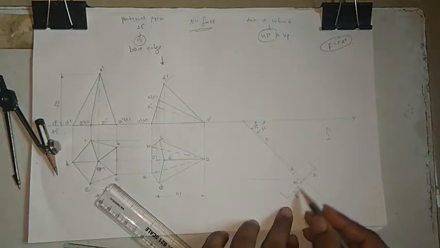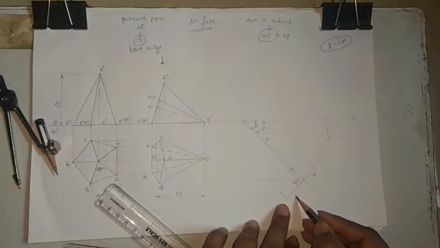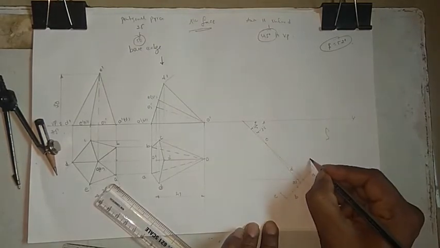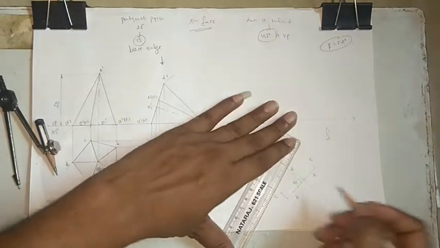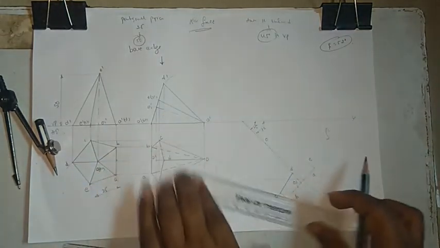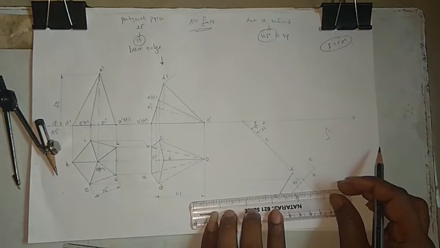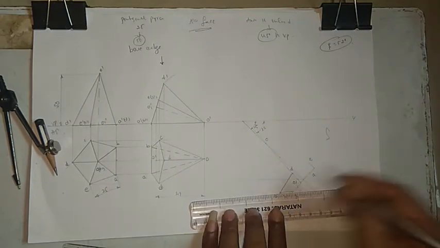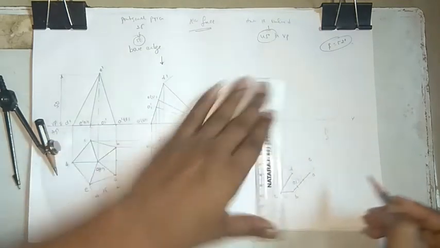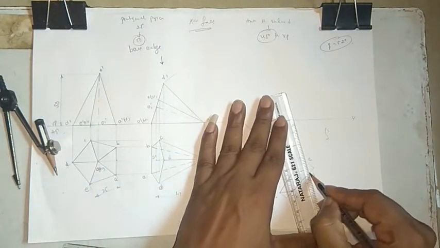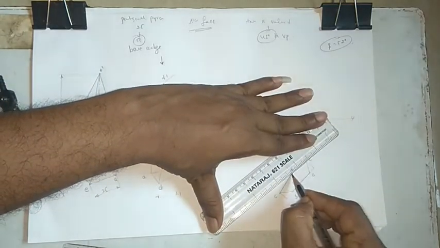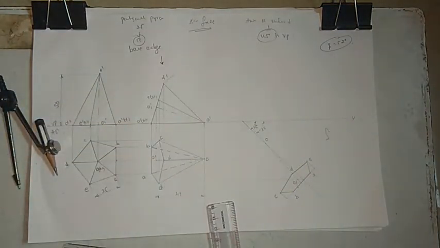Okay, so now we got a B. Okay, so this side it is a C, so we got a D, we'll write this one as an E. Okay, so now join. Okay, so this is how exactly the pentagon looks like.